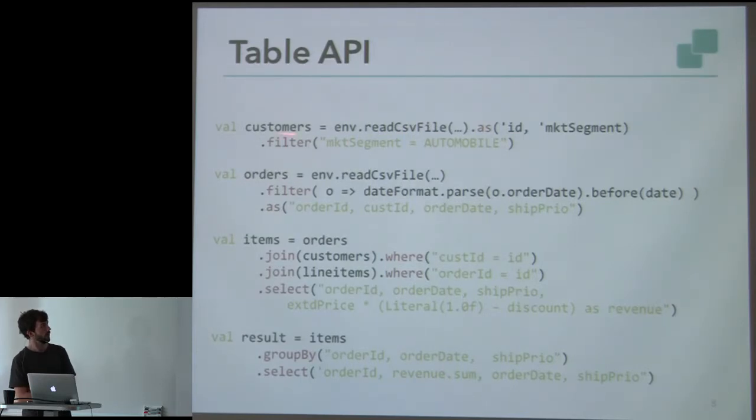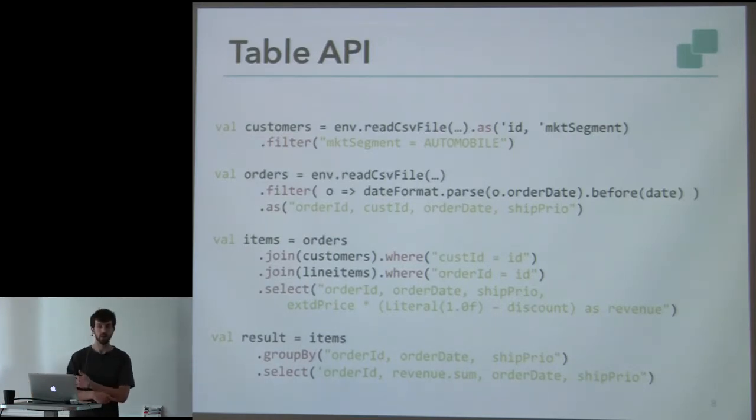Here, for example, you can create 2 data sets by just reading from a CSV file and filtering elements, for example a marketing segment, and you can also, like in SQL, assign special names to columns. It's pretty much a mixture of the DataSet API and some SQL syntax. You join here, and you can always specify the join conditions using SQL-like syntax. I think it's a pretty cool feature.